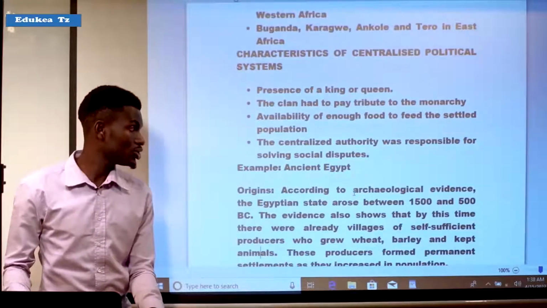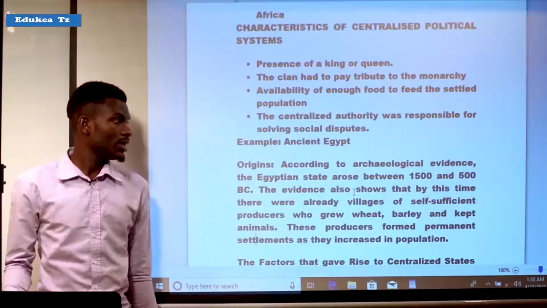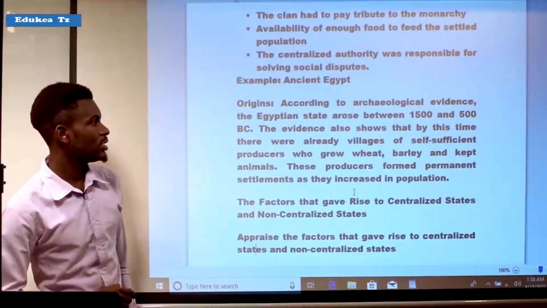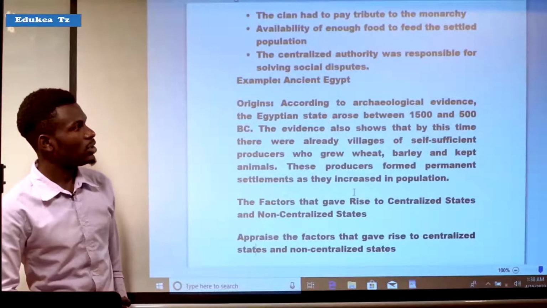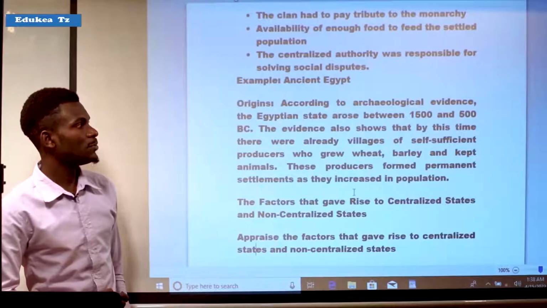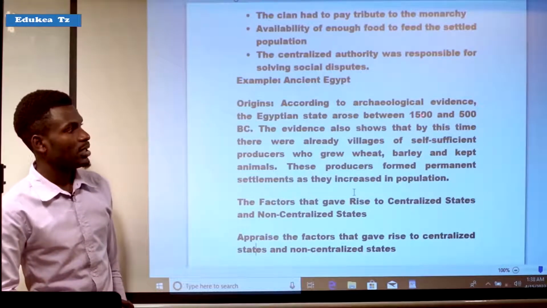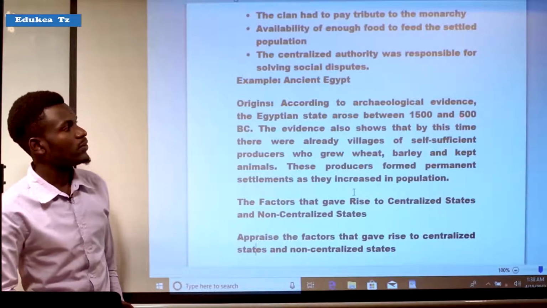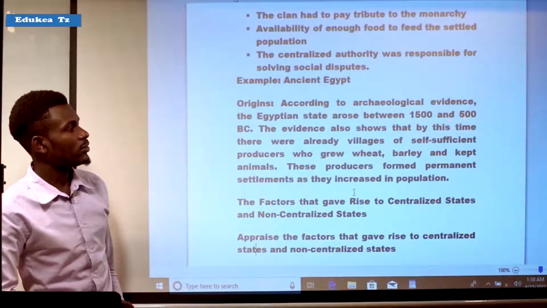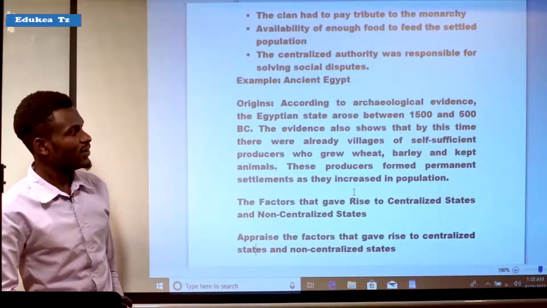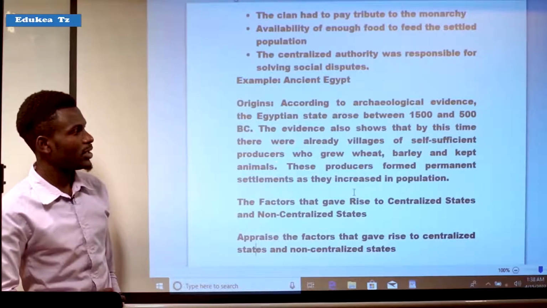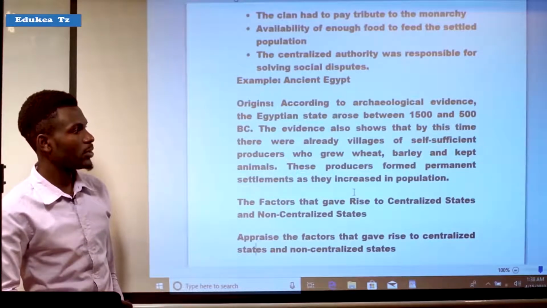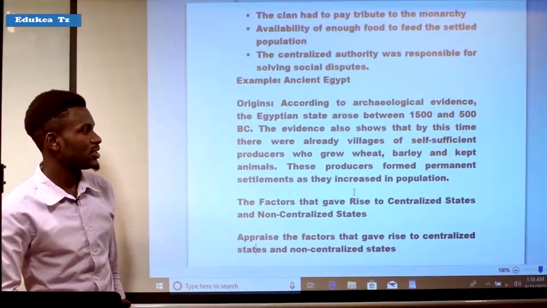Example, ancient Egypt. Let us see the origins of the centralized political system. According to archaeological evidence, the Egyptian state arose between 1500 and 500 before Christ. The evidence also shows that by this time there were already villages of self-sufficient producers who grew wheat and barley and kept animals.